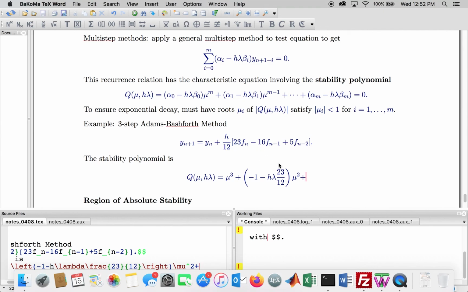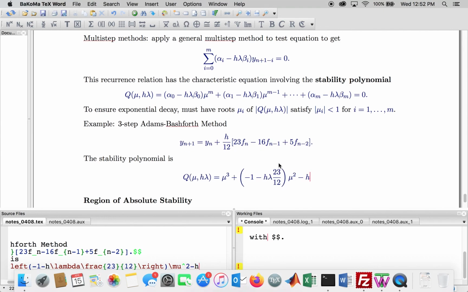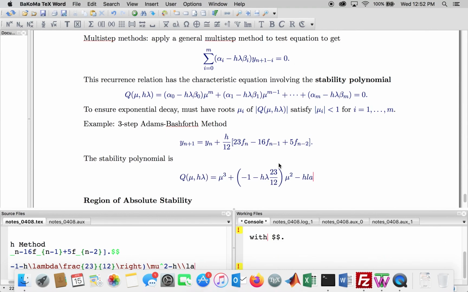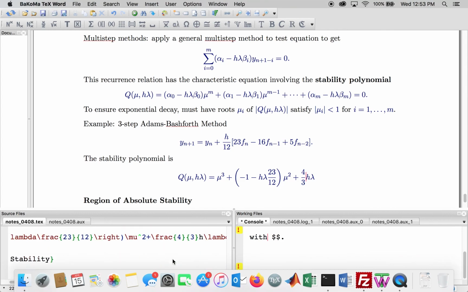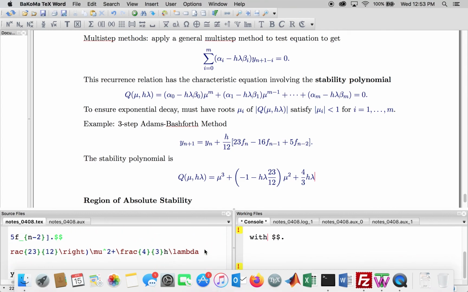So I'm going to have minus h lambda times beta 1, which is minus 16 twelfths. Well, that causes this to be a plus. And I'm going to have a 16 twelfths or 4/3 h lambda, and that's times the next power of mu, which is mu to the first.